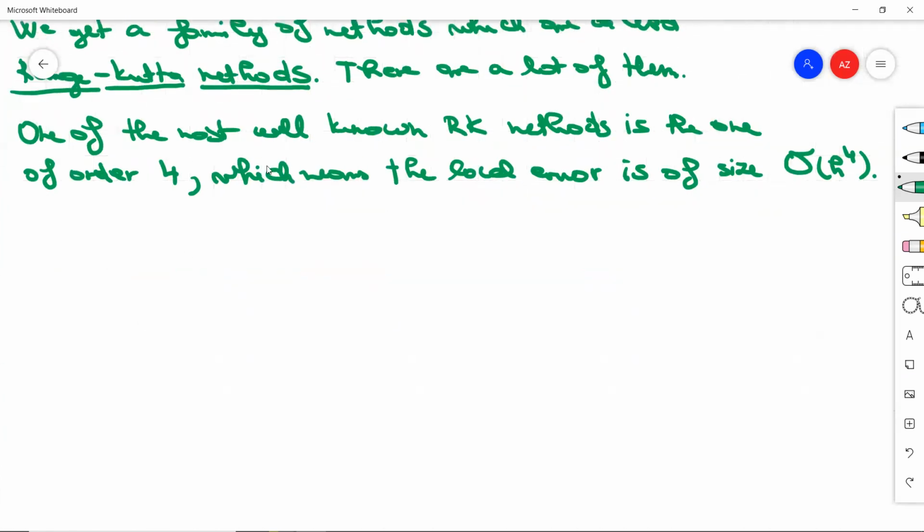So let me show you which Runge-Kutta method of order 4 I mean, and then I will explain a little bit about the derivation.